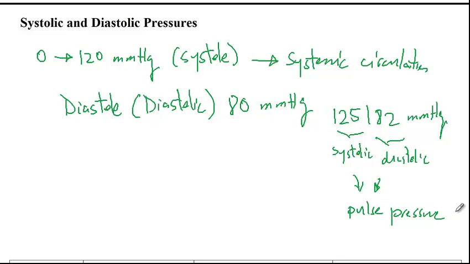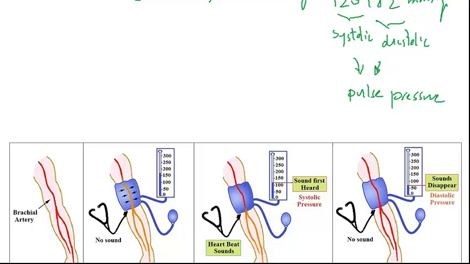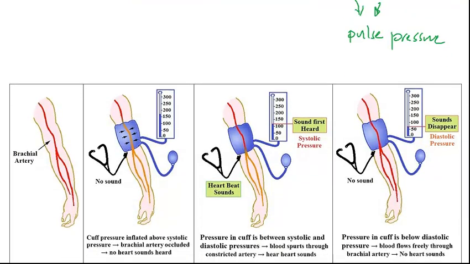Now let's talk about how we can measure the systolic and diastolic blood pressure. Once you place a pressure cuff on the arm and inflate it, the pressure will eventually rise above systolic blood pressure, as a consequence of which the artery will be so squeezed that no blood can pass through.